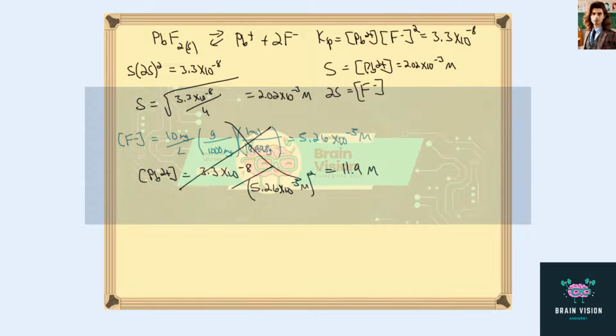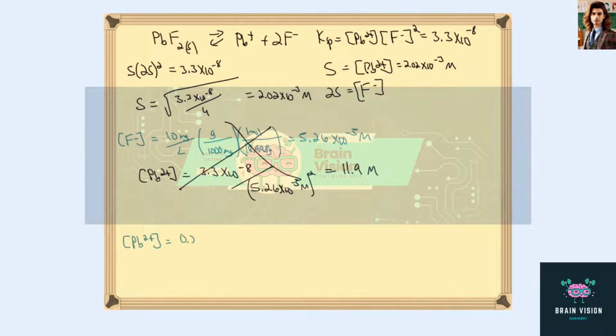Then the final student adds some lead-2 nitrate crystals, and you're asked to calculate the concentration of lead in this case. Well, some lead will be created. This amount will be created from the equilibrium in pure water, but we'll get significantly more lead just coming from the lead-2 nitrate.